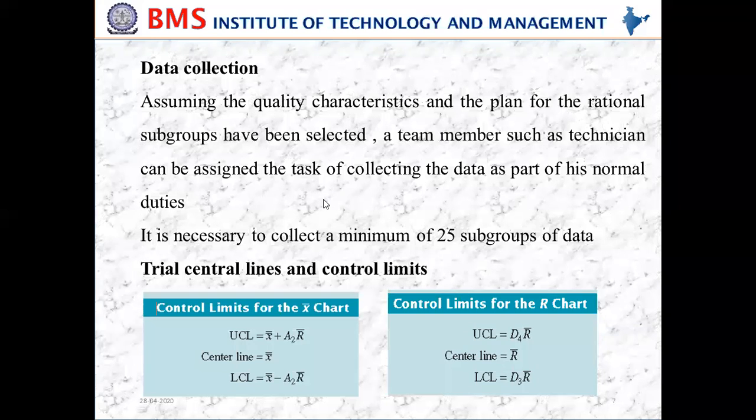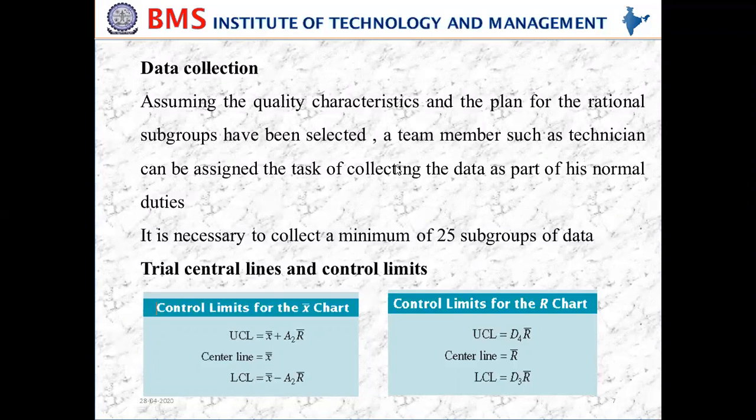So average of averages: for each subgroup, subgroup 1 will have the average X1 bar. I have taken 5 items in subgroup 1, item 1, item 2, item 3, item 4, item 5. All these 5 items are added and divided by 5 to give the subgroup 1 average, that is X1 bar.